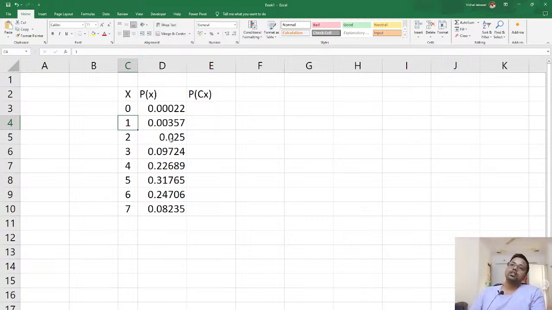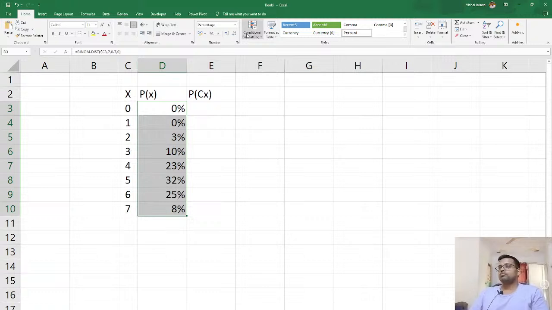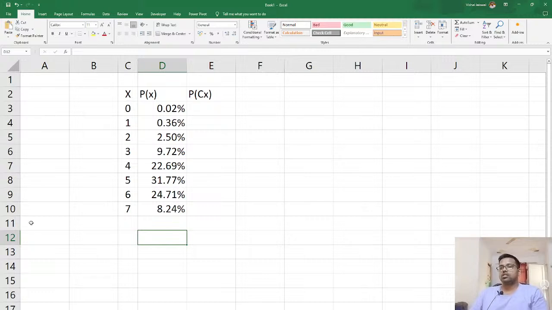What is the probability that one person will fail, 2 people will fail, 3, 4, 7 people will fail to pay on time? If I convert this into percentage, it will be better for us. What is the probability that all 7 people will not pay on time? 8%.